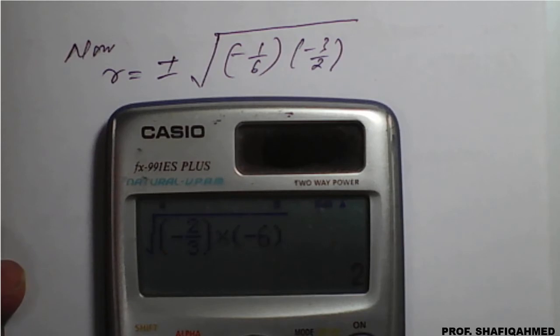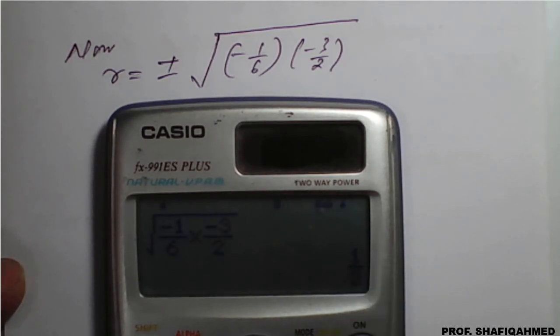So just see here. Square root of, I will take a division inside, minus 1 upon 6 into, one more division, minus 3 divided by 2, and press the equal sign.